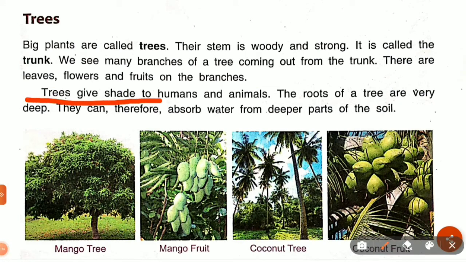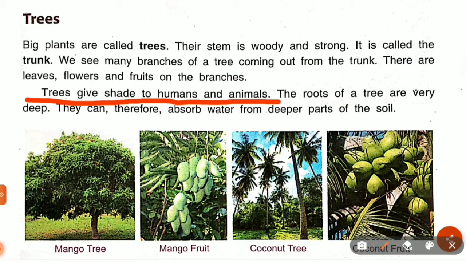Trees give shade to humans and animals. See, this is a very, very important thing that trees give to us. If it is summer, okay, you have a very hot day, and you are going somewhere, what will you look for? You will look for shadow, because you cannot walk on the road or anywhere. It will be very hot.